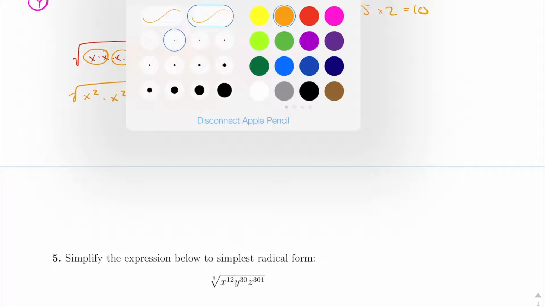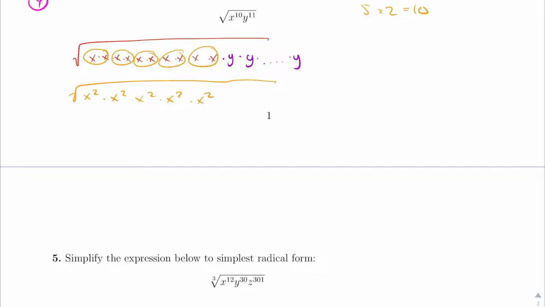Now to make y to the 11th, we probably have 5 full pairs plus 1 extra to make the 11. So we've got y squared, a bunch of those, and I'm just going to mark here that there's 5 of these.